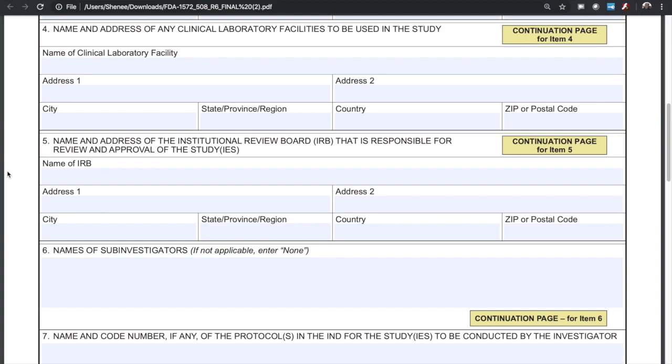that actually approves the principal investigator to conduct the study at their site. The IRB not only approves the investigator, but they also approve the research protocol. They approve the informed consents. They approve any advertising that's given to any subjects.